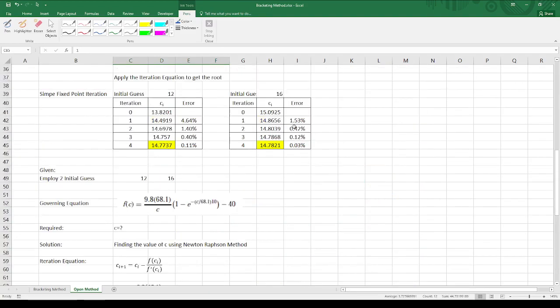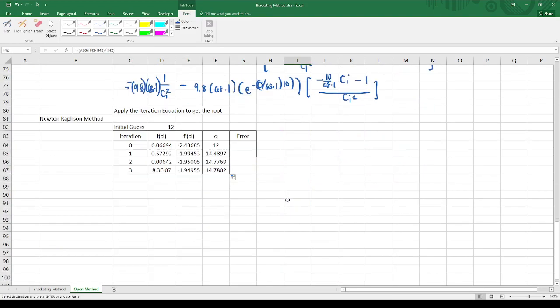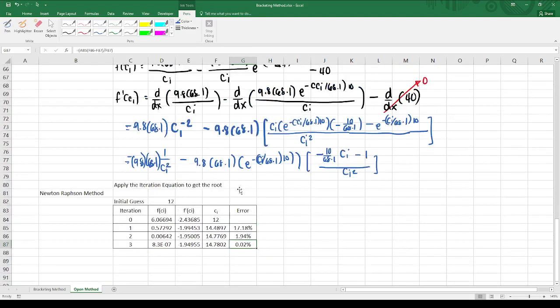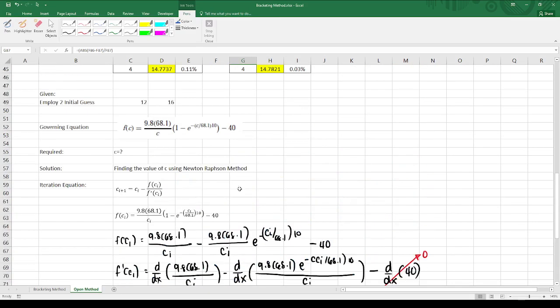Let's copy the formula of the error. As you can see, up to the third iteration, we did manage to get, I think, at the second iteration, 4.77. Yeah. So, less iteration for the Newton-Raphson.